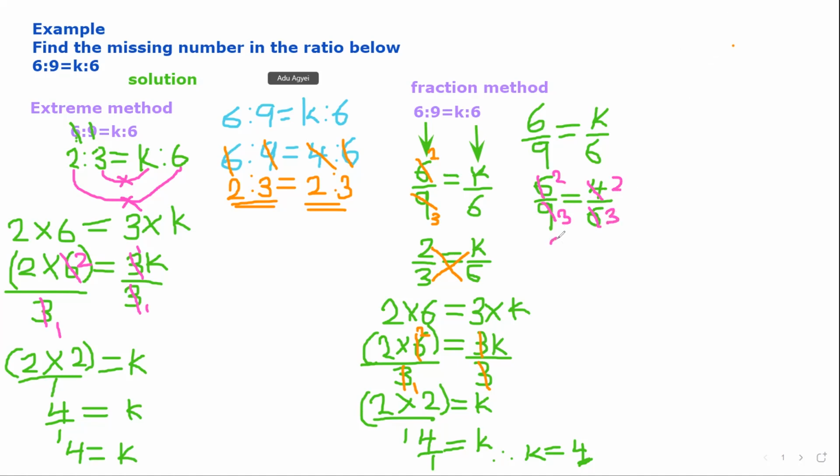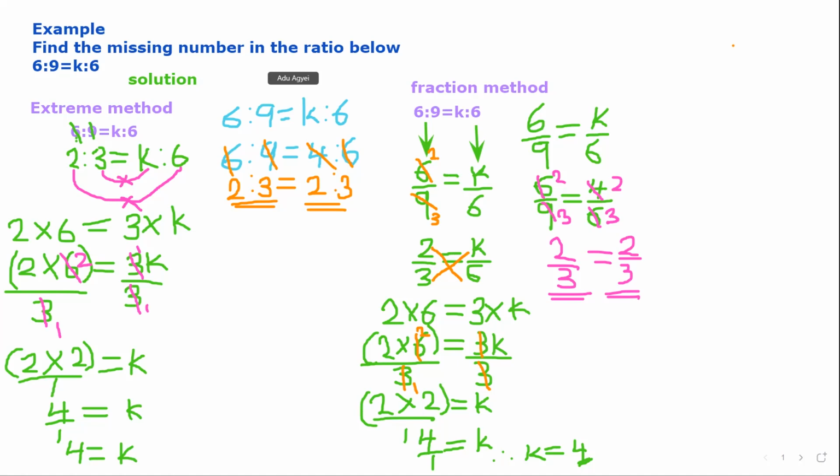Therefore, we have 2 over 3 on this side, which is equal to 2 over 3 on the other side. Therefore, these two ratios or these two fractions here are the same. Okay, good.